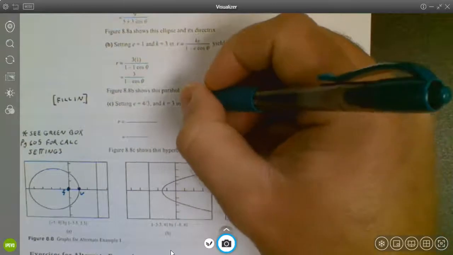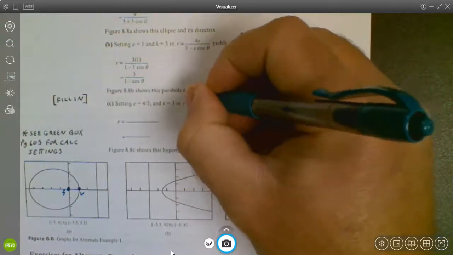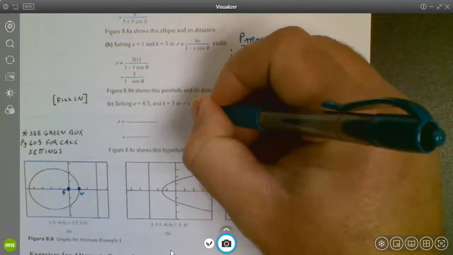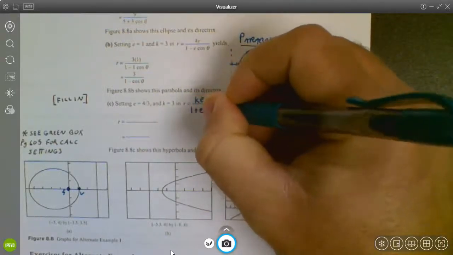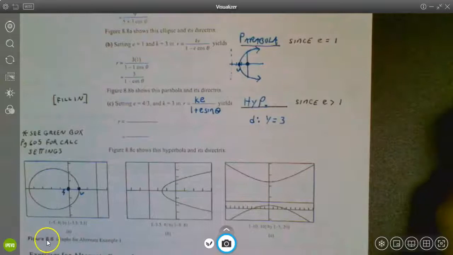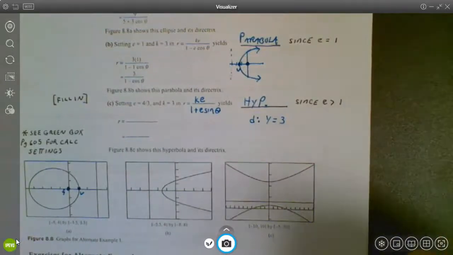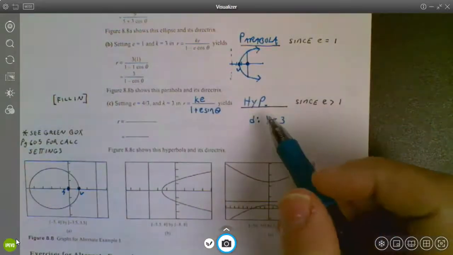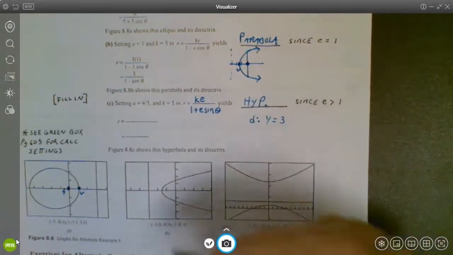So it should look like that. So let's go ahead and sub in the information they gave us. So R equals, in this case we know the K value was 3, so we're putting a 3 in there.